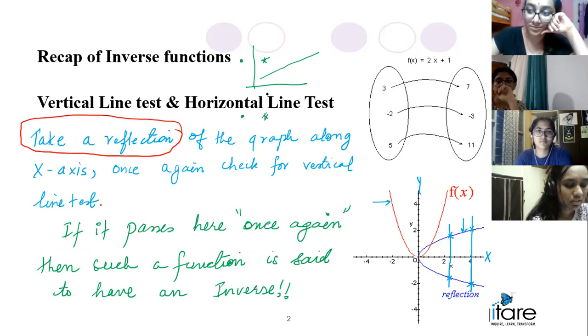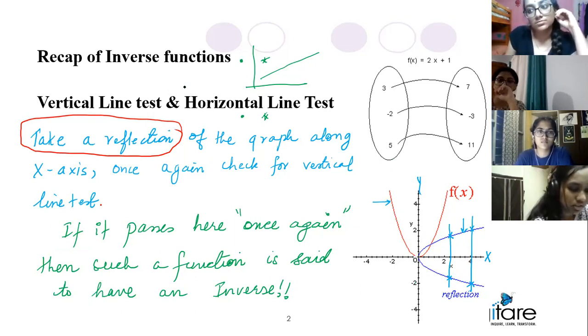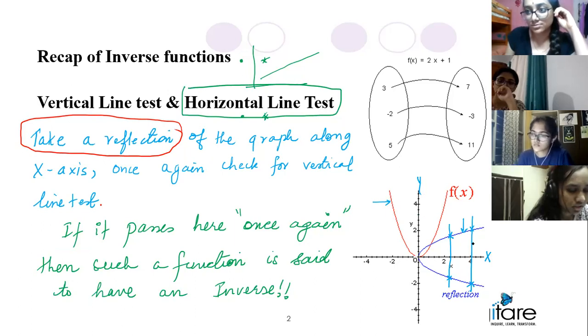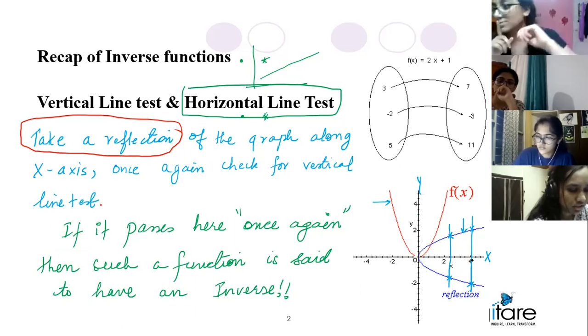Okay. Then you first draw the graph, then you have to reflect it. Can you tell me something simple for finding the inverse? That simple method is the horizontal line test, because this is like two-step verification. First you draw the graph, you see the vertical line, then you reflect it, again do the vertical line.